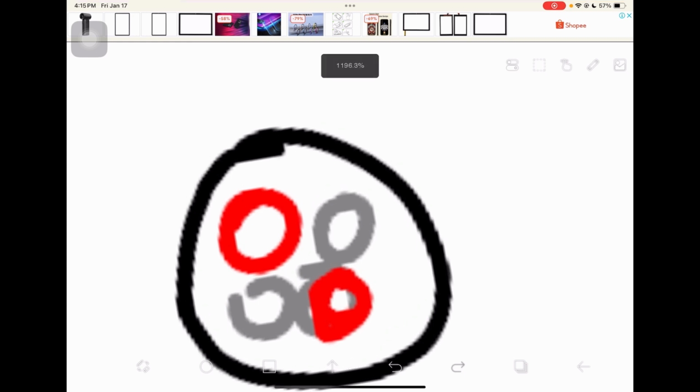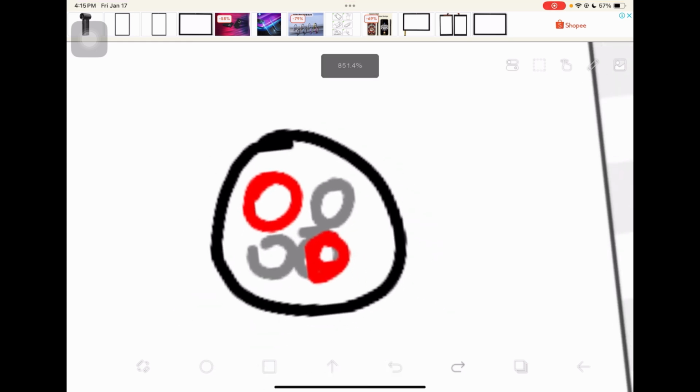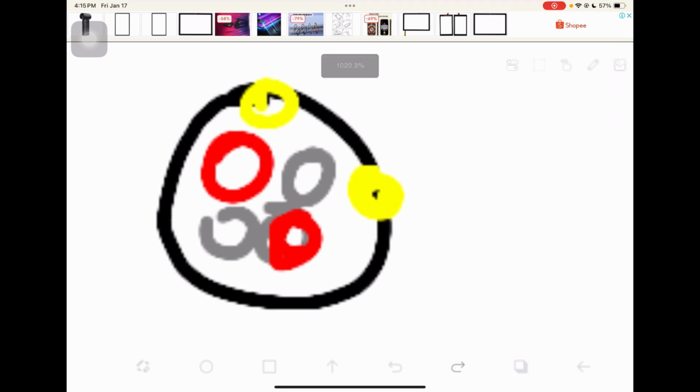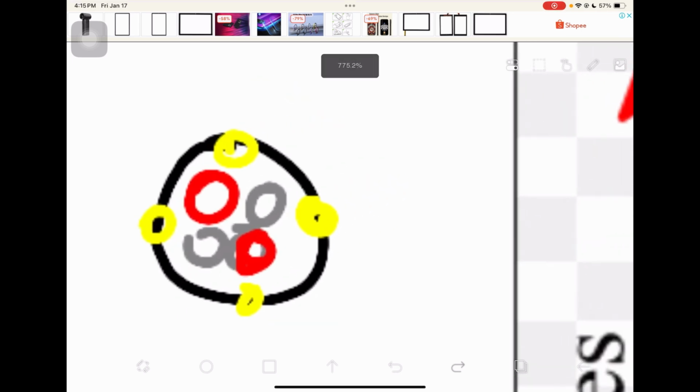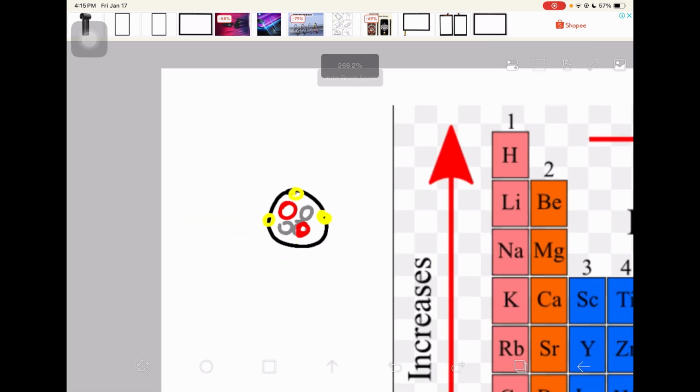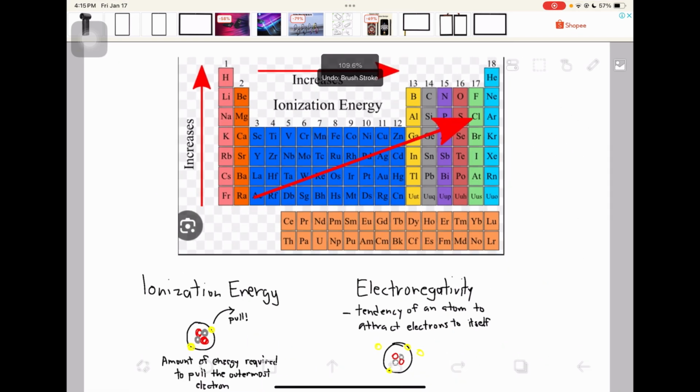And because this distance is so small, it takes a lot more energy to pull them out. As you could see, there's barely any electrons on this oxygen atom. You can't really pull that out. It's going to take a lot of effort and energy to pull that out. So that's why the trend happens.